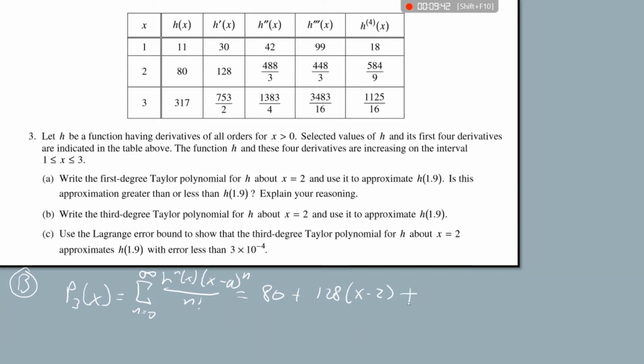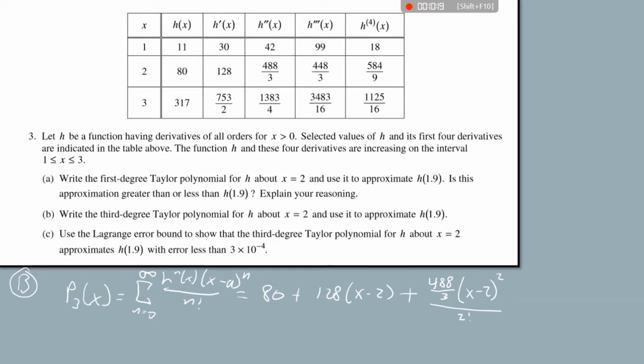Plus 488 times (x minus 2) squared divided by 2 factorial. Okay, 488 over 3 times (x minus 2) squared divided by 2 factorial.